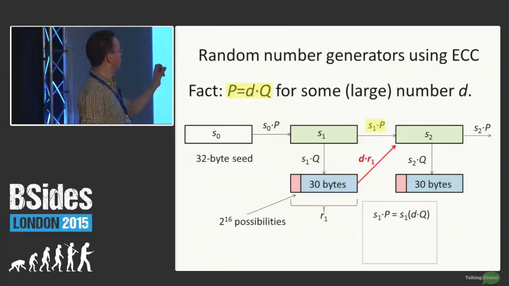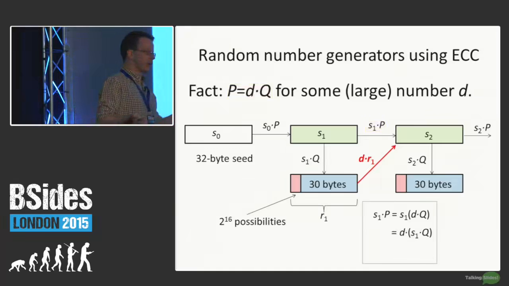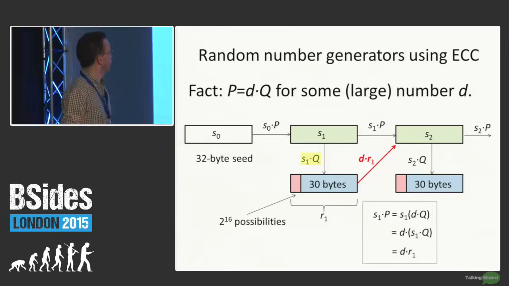S1 times P, which is by definition S2, is the same as S1 times D times Q, combining the two yellow bits, because P equals D times Q. Because they work nicely, you can change the order of D and S1, so D times S1 times Q is D times R1.